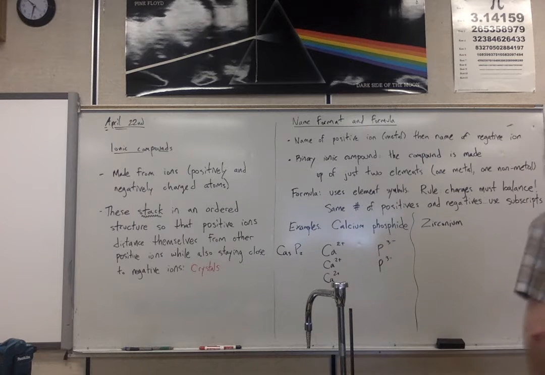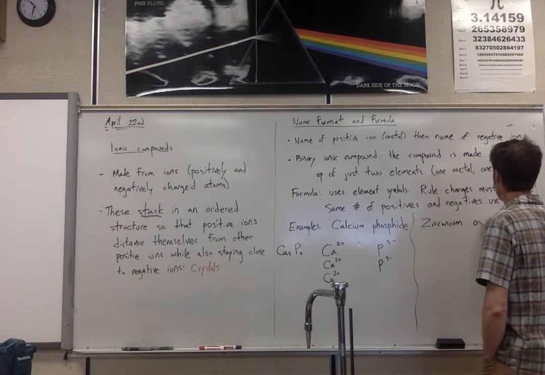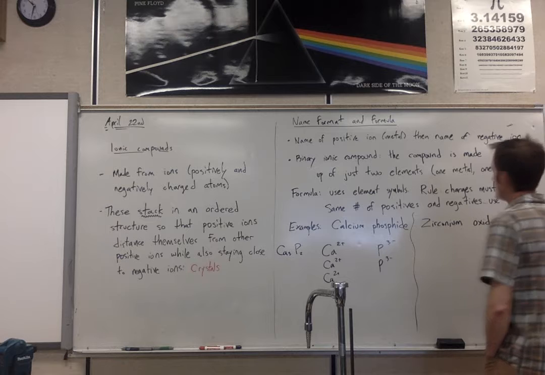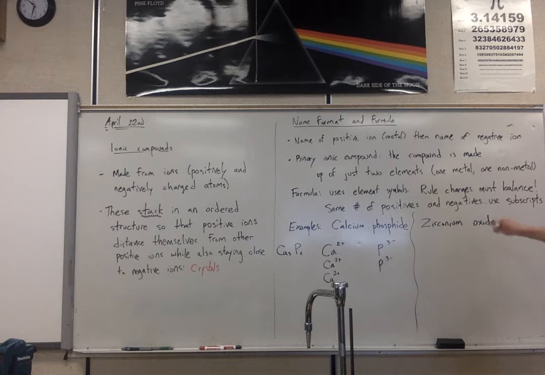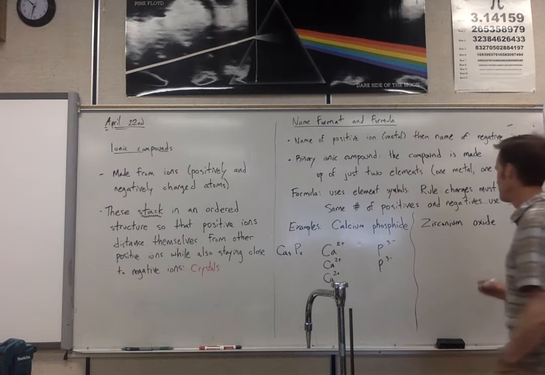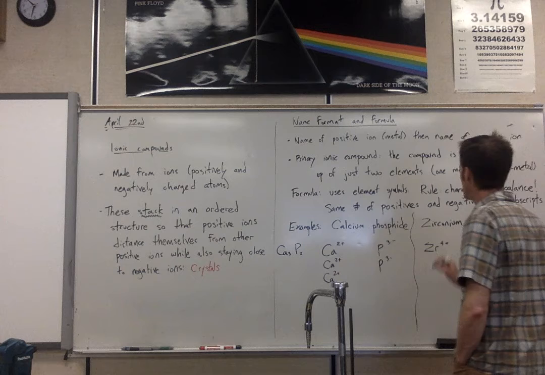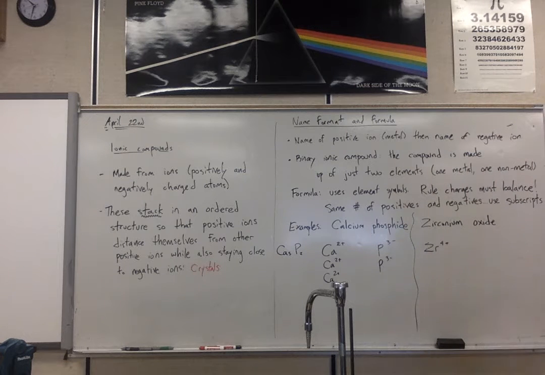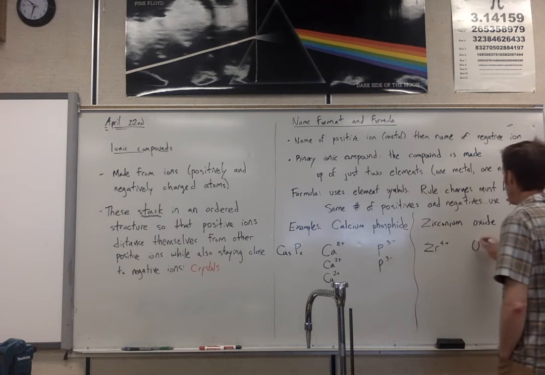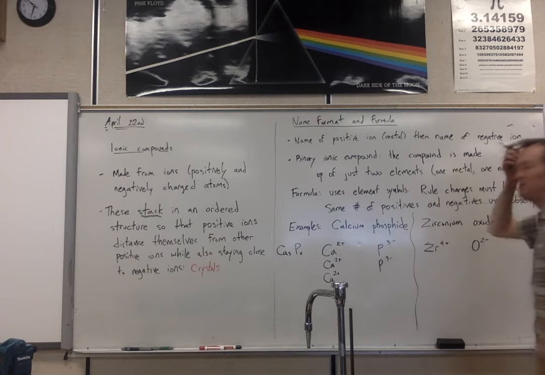For the negative ion, you take the -ygen part of oxygen, drop it, and put on an -ide. The compound made from the two of them is zirconium oxide. But we want a formula. The periodic table tells us the zirconium ion has a +4 charge, and an oxide ion has a -2 charge.